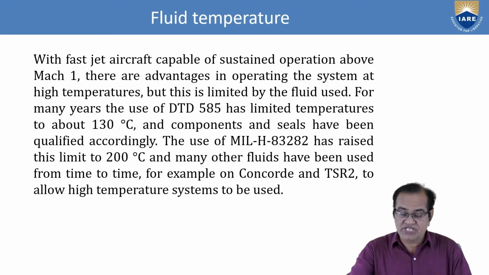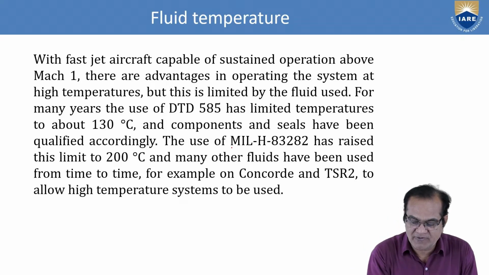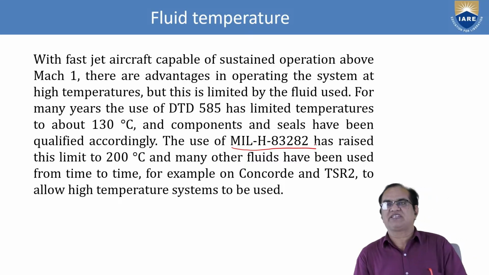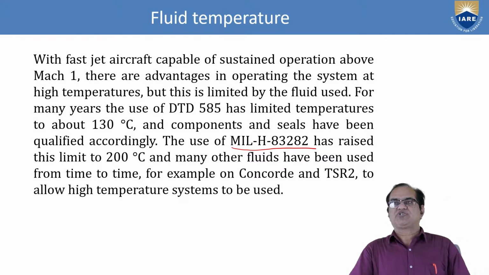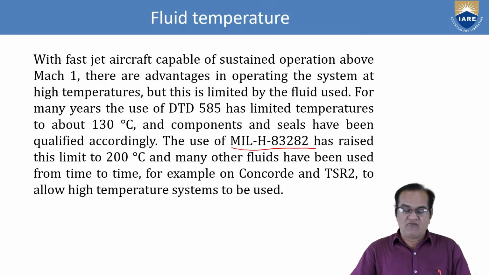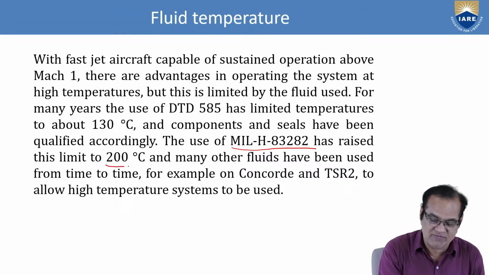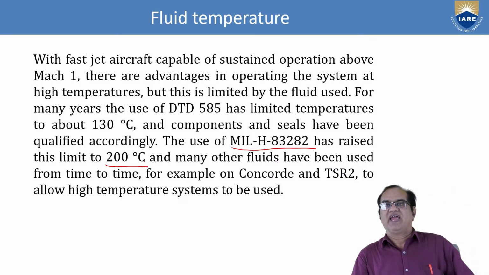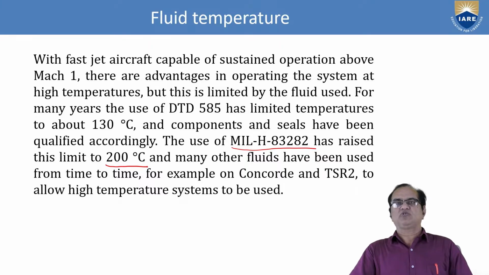So if we use this type of fluid, military H83282, then the working temperature can be raised to 200 degrees centigrade. And many other fluids have been used from time to time, for example on Concorde, which is a supersonic passenger aircraft, and TSR-2, to allow high temperature systems to be used.